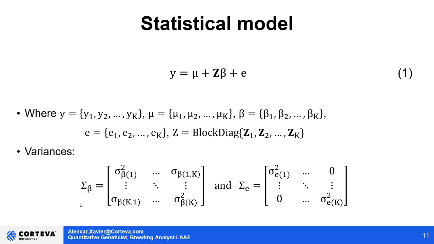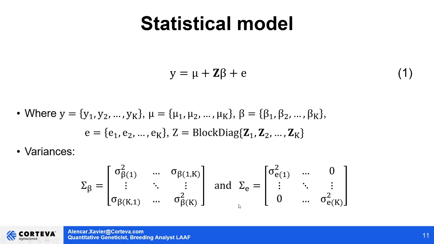Well, because of the covariance of beta, the marker effects. It's distributed such that every time you update the marker effect for any given trait, it actually follows this covariance, capital sigma beta, that connects all the traits together.